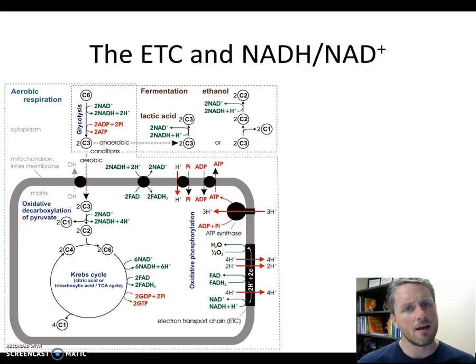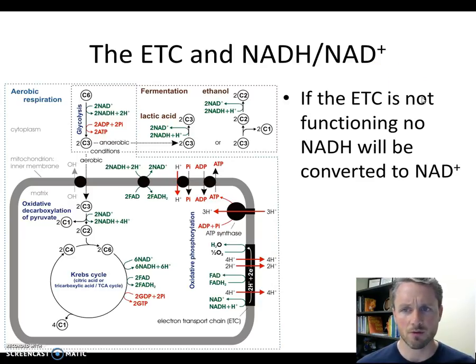All right. The electron transport chain also does something else really important. It interacts with the NADH and NAD molecules. So as a reminder, if oxygen's not there, this whole electron transport chain is not working, including the very first step of the electron transport chain, where we take electrons off of NADH, regenerating this NAD molecule.